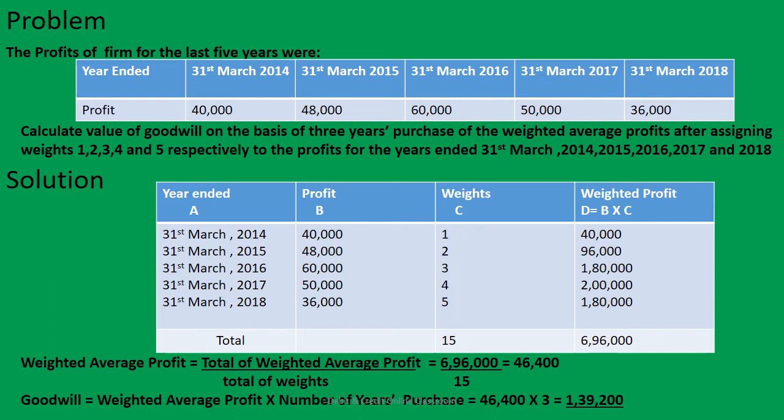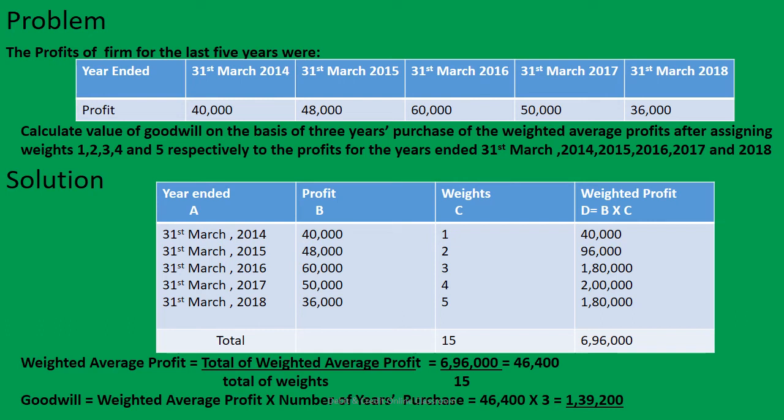Calculate the value of goodwill on the basis of 3 years purchase of weighted average profits after assigning weights 1, 2, 3, 4 and 5 respectively to the profits for the years ended 31st March 2014, 2015, 2016, 2017 and 2018. Now come to the solution.